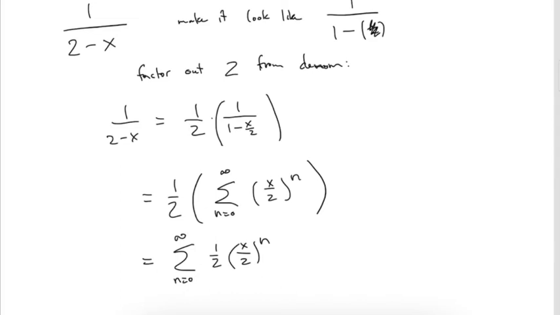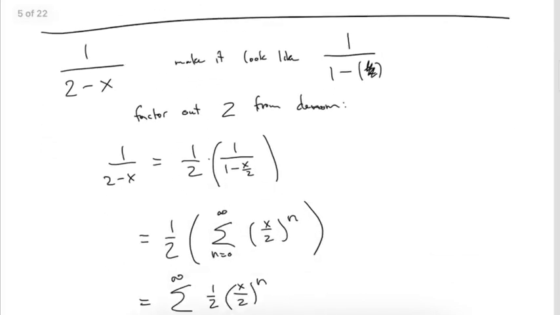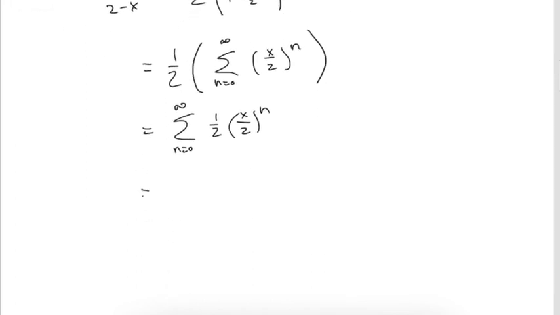And as I usually do, I'm going to separate out the x to the n part from the rest of it. And so when I do that, it'll look like 1/2, and then you could say 1 over 2 to the n times x to the n, right? If you do the nth power in the numerator and the denominator, and then separate out the denominator, because I like to see some stuff times x to the power n.